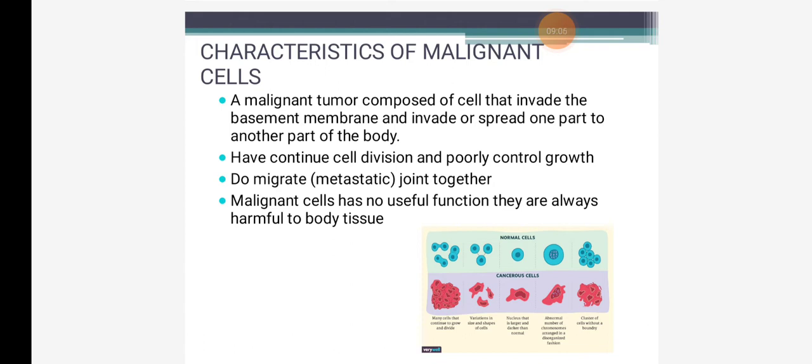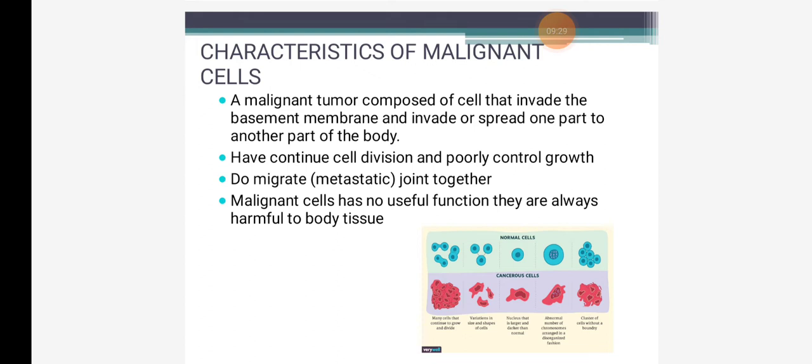They will continuously grow. They do migrate, or metastasize. These malignant cells are very poorly joined together, so they can easily detach from one place, or they can easily migrate to other places.